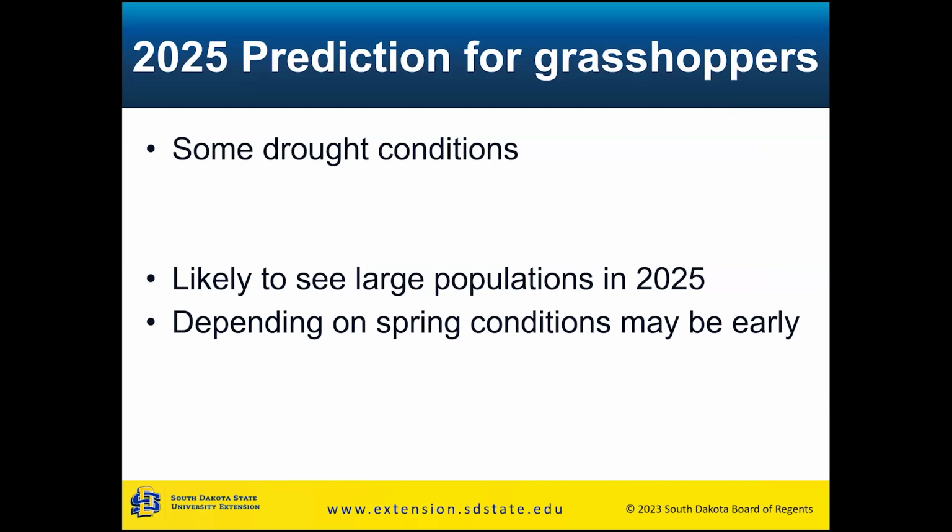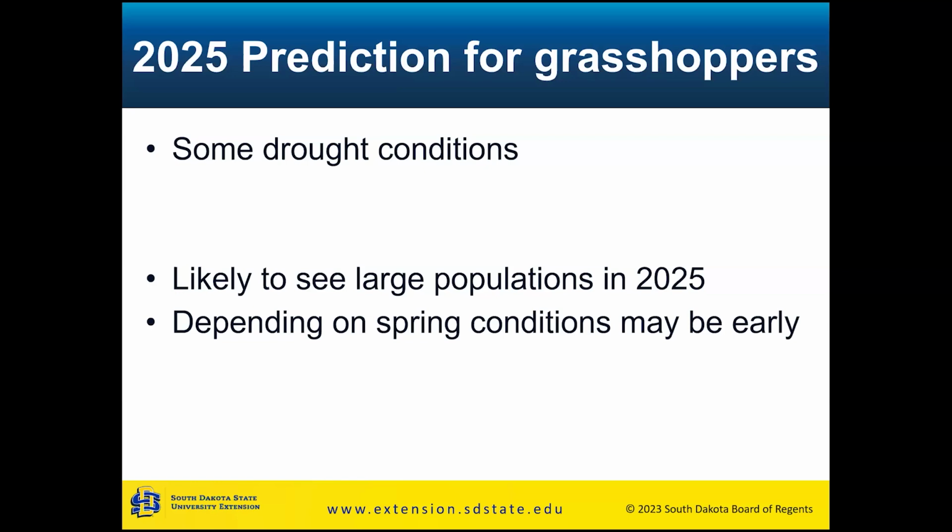Well, we did have drought conditions last year. We currently are having some drought conditions in the winter, but I typically don't base everything off of that because there's always a chance we're going to get precipitation in the spring. But just looking at the populations we had in the last few years, especially in 2024, my thoughts are that we're probably going to see some areas with large populations in 2025.